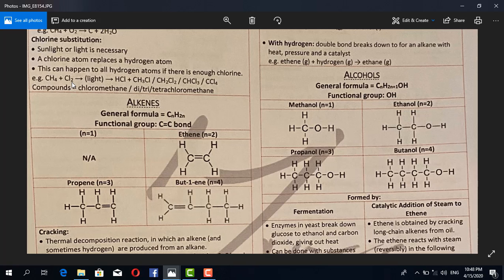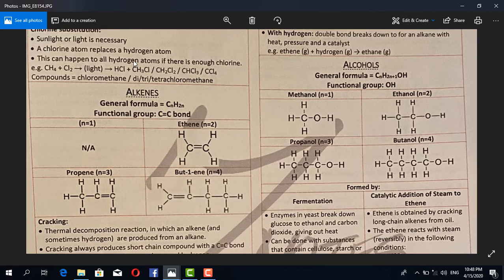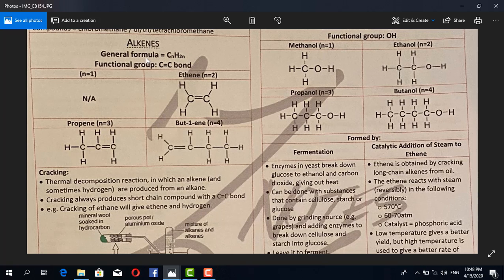Alkenes. The general formula for the alkenes is CnH2n. The functional group here is a double bond between the 2 carbon atoms. For example, here, ethene. Look over here. Previously in the alkane we had a single bond between the 2 carbon atoms, but here we have a double bond.